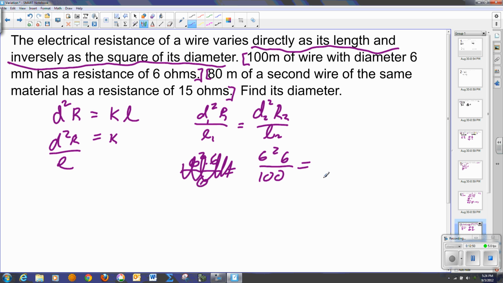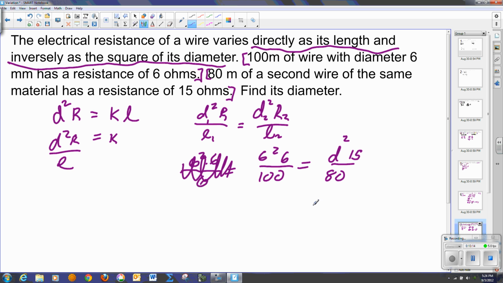Then we go back and we have 80 meters of wire. So that's our length. I'm looking for the diameter, d squared, and I have 15 ohms as my resistance.